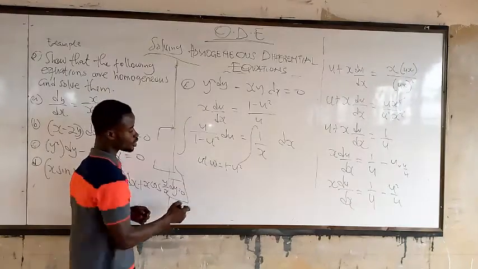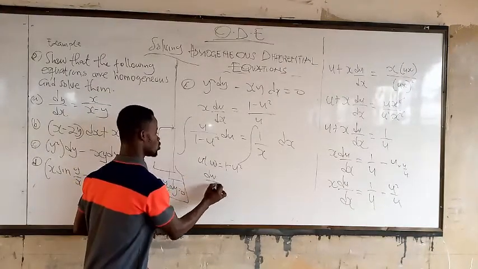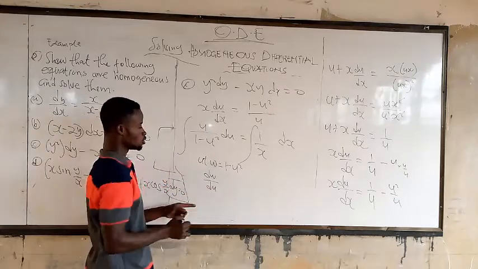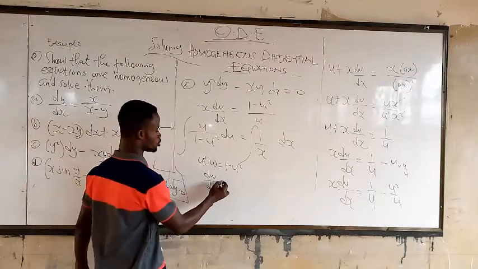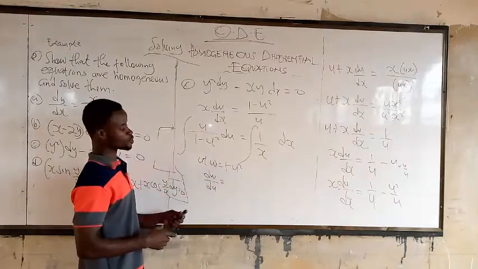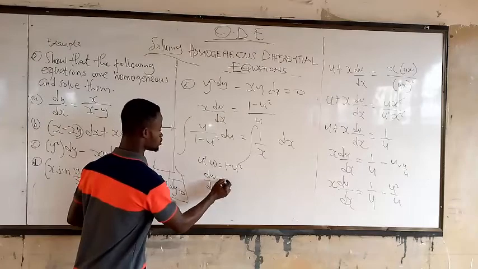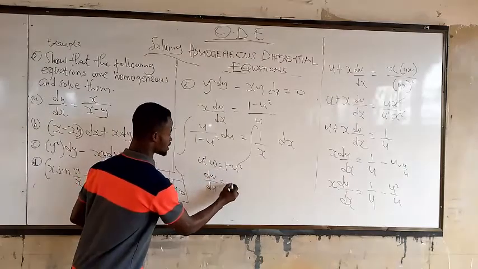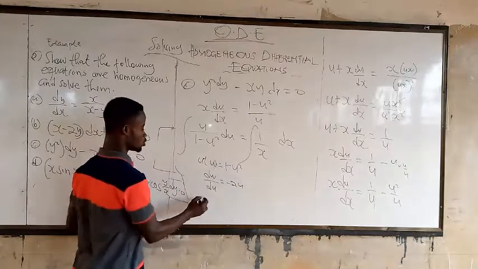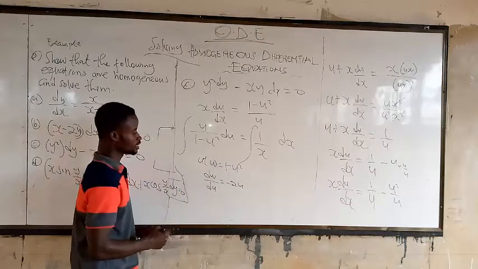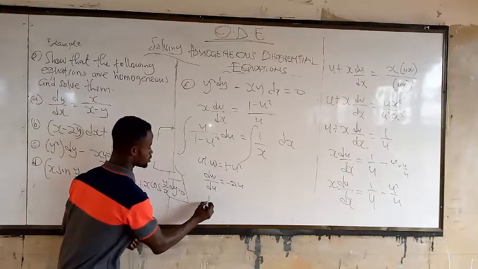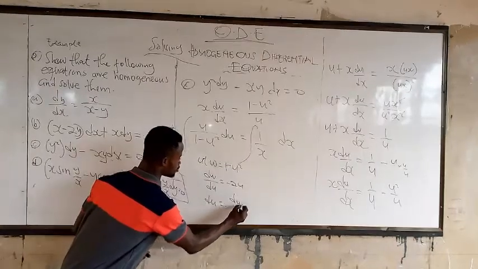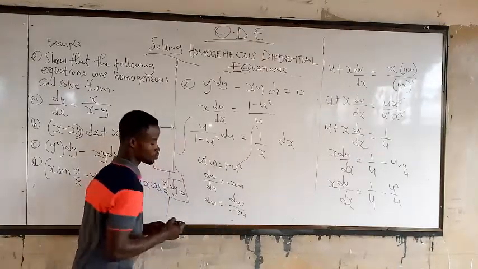And when you find dw over du, that is differentiating w with respect to u, we are going to get 0 here, and here we get negative 2u. So to make du the subject, we are going to get du to be equal to dw over negative 2u. Alright?